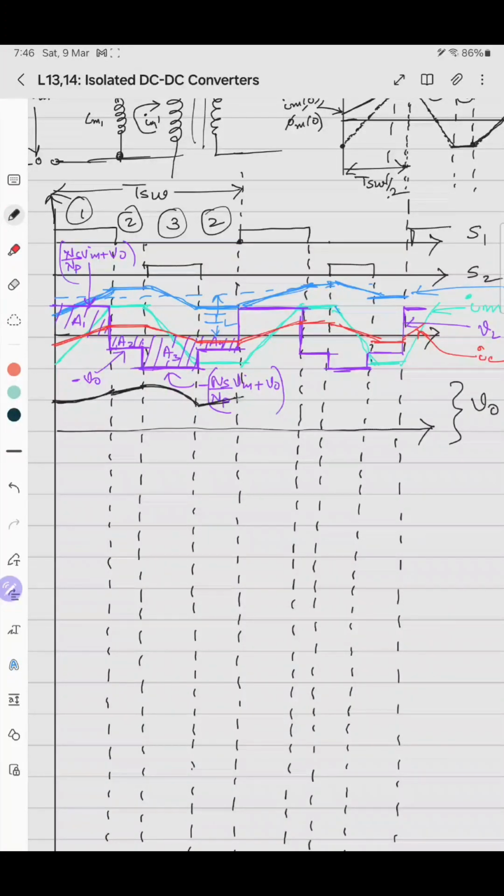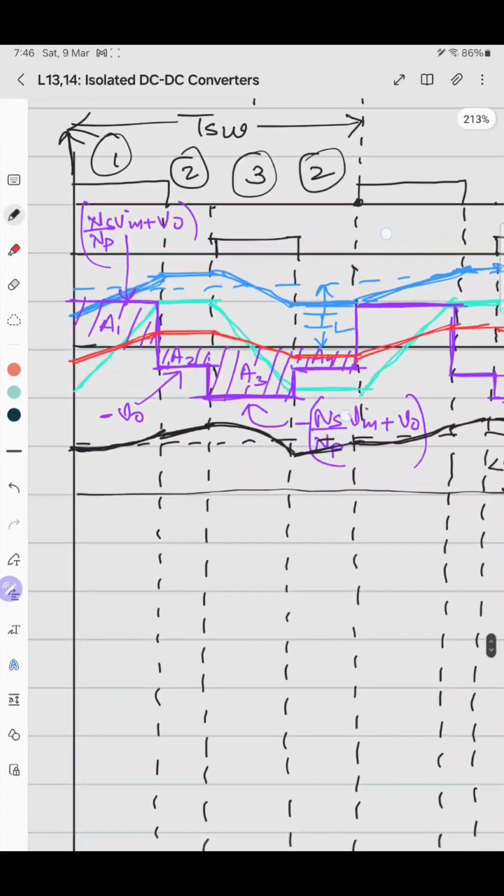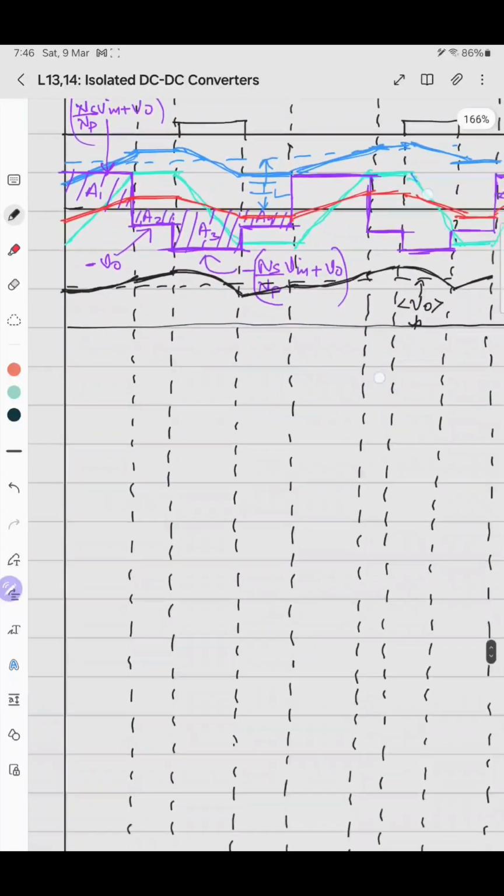Then again a rising polynomial, straight line, falling polynomial, rising straight line. This is V naught, and this is the overall average value of V naught, which is nothing but NS into V in by NP plus V naught. This V naught is used here.